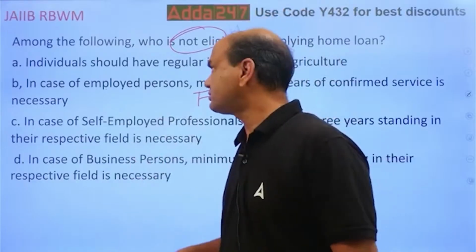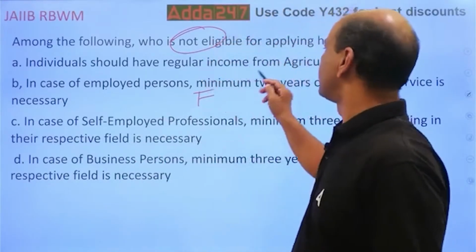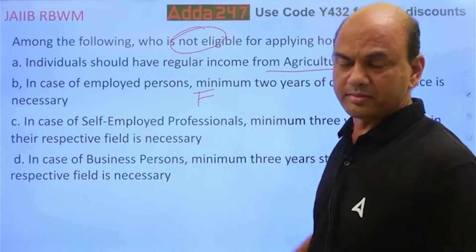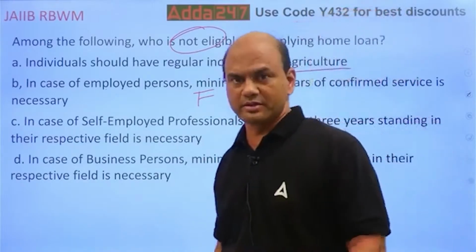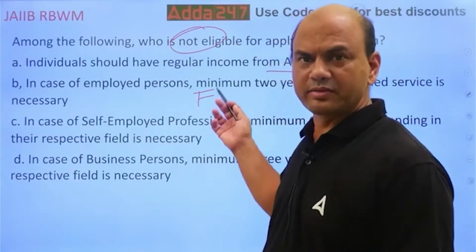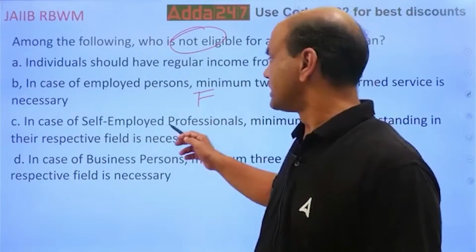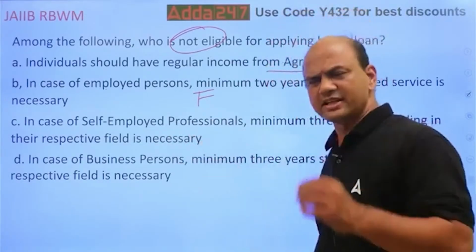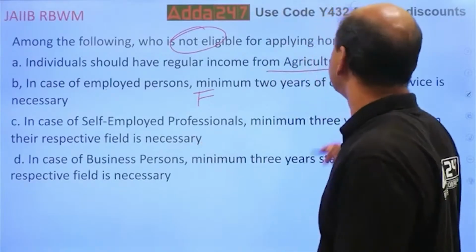Remaining all are there. Should have regular income from agriculture: if somebody is farming, then he must have a regular income. Self-employed 3 years, business 3 years. This generally we follow.